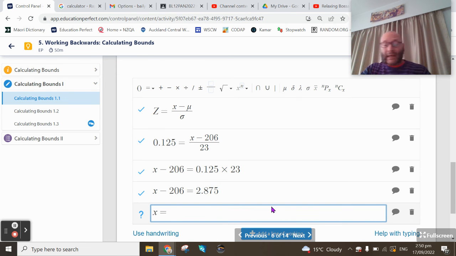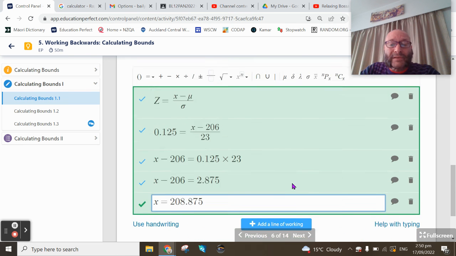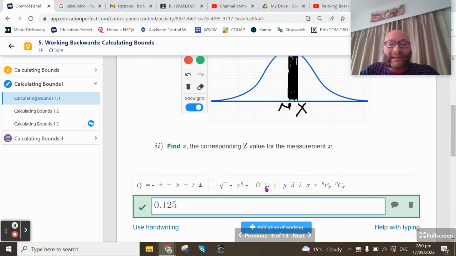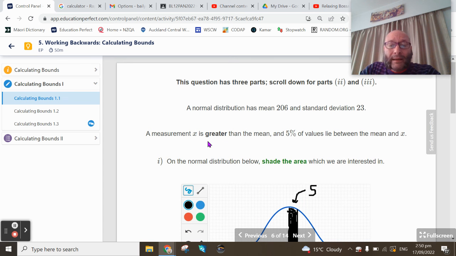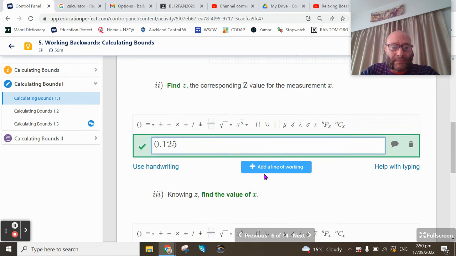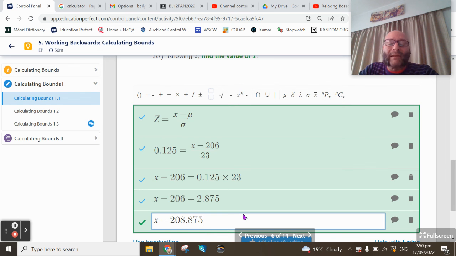So x is going to be equal to 208.875. All right, and there we go. So that tells us that the value of x that has 5% of the values between it and the mean is 208.875. Okay? Any questions, send them my way.